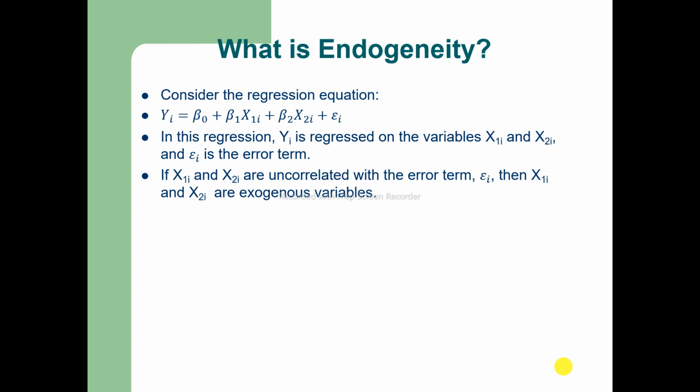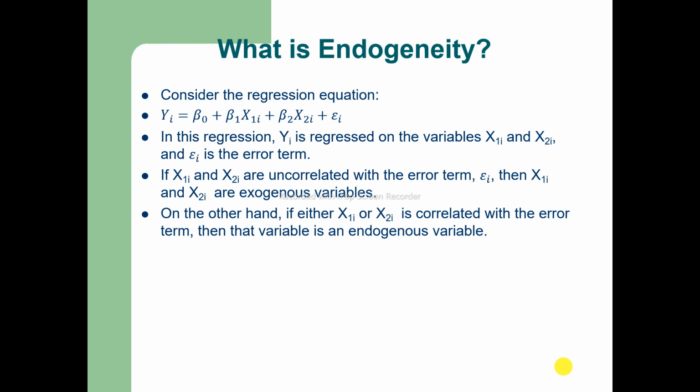If x1i and x2i are uncorrelated with the error term epsilon i, then x1i and x2i are exogenous variables. On the other hand, if either x1 or x2 is correlated with the error term, then that variable is an endogenous variable.